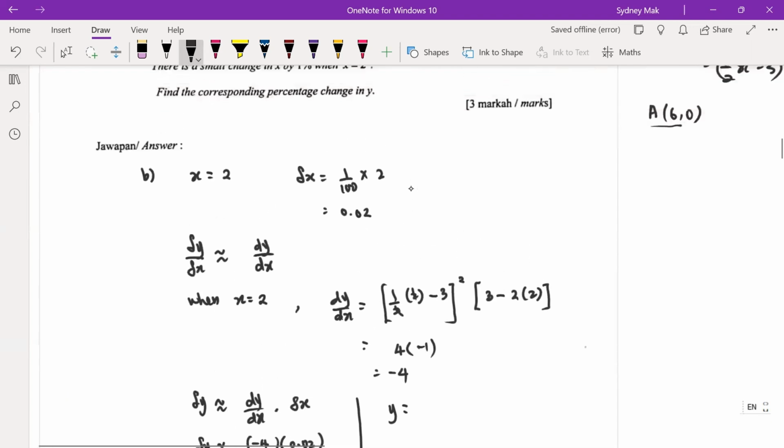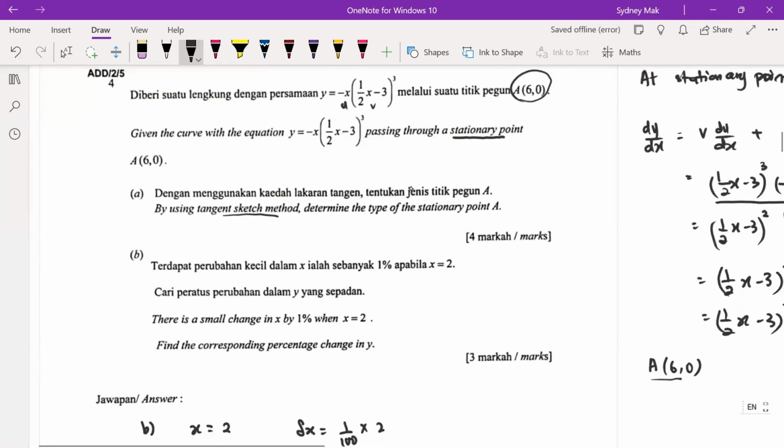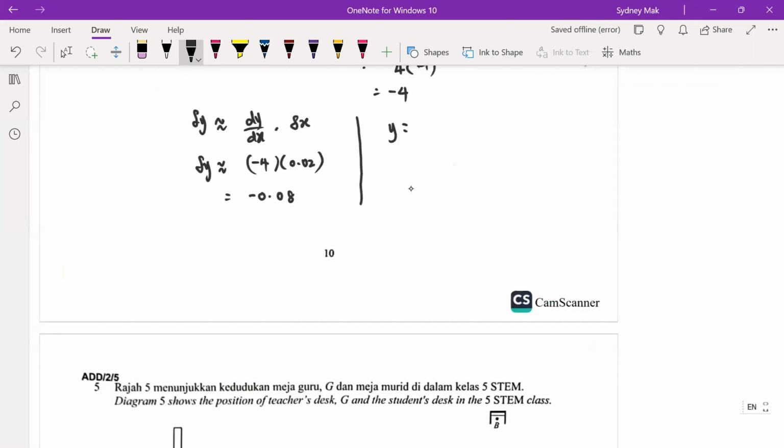So let's find out the original y. The function is negative x times (1/2 x minus 3) raised to the power of 3. Originally, x is 2. So we have negative 2 multiplied with (negative 2) to the power of 3, so negative 8.